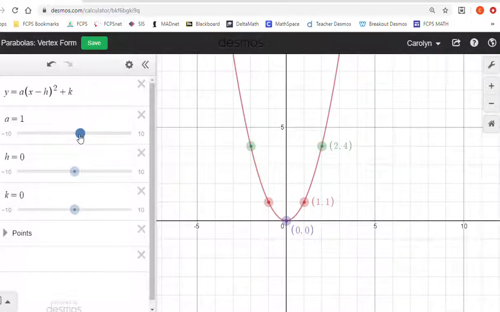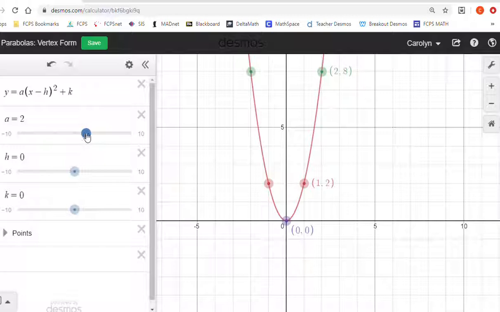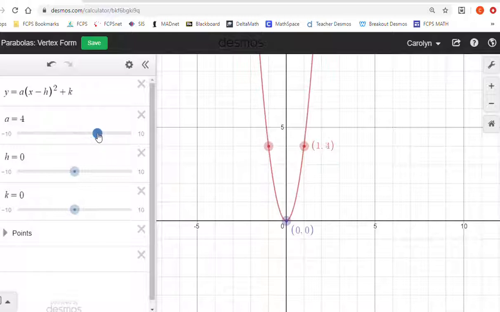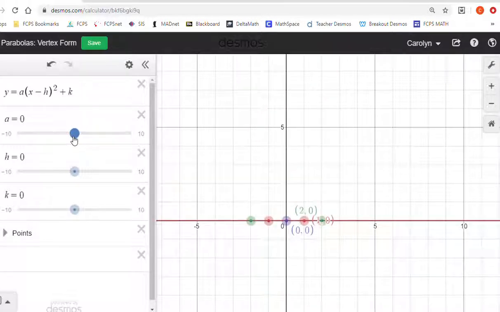A equals 1. A equals 2. Look at what values are changing. A equals 3. Now I put the original points on the board so we can compare. A equals 4. A equals 0. Okay, so he says A multiplies the y value.